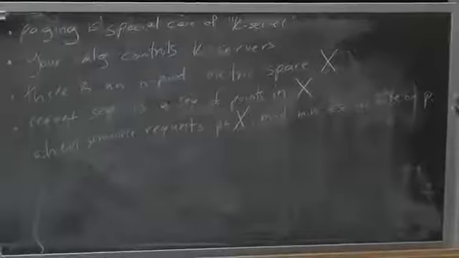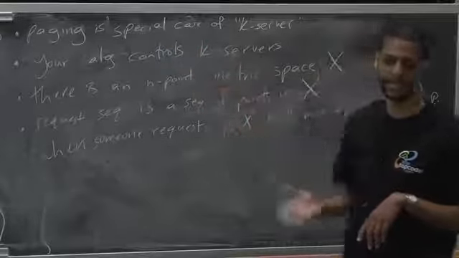When someone requests a point, if a server is already on that point, you don't have to do anything. If not, you have to choose which server to move there, and you pay the distance. If it's already at some point Q and you're moving it to P, you pay the distance from Q to P.